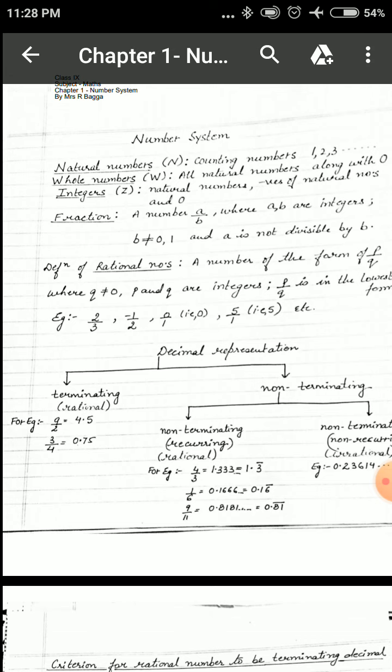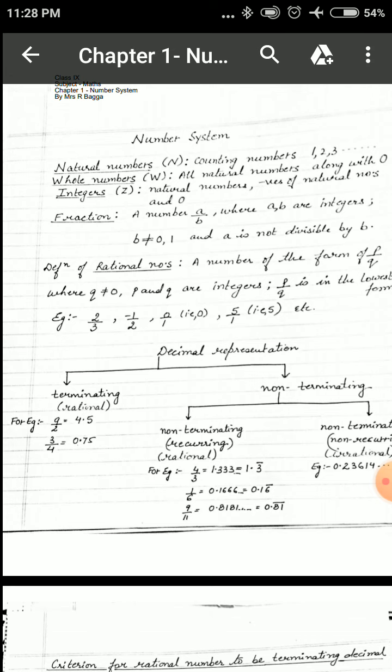Now we discuss the decimal representation of rational numbers. When we talk about decimal representation, the numbers can be classified as terminating decimals and non-terminating decimals. In terminating decimals, when a rational number is divided, the digits after the decimal terminate after a certain point.